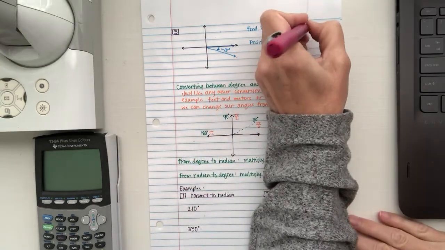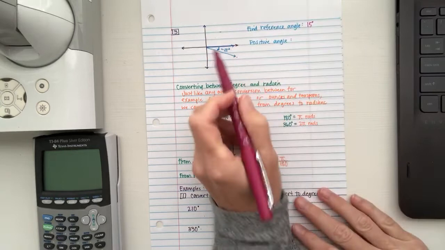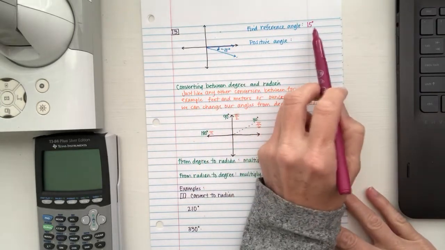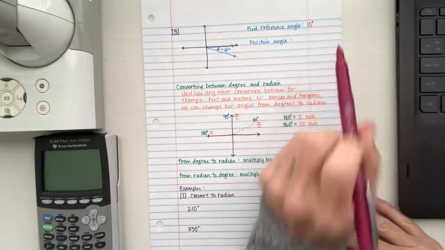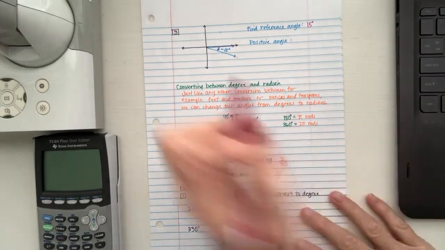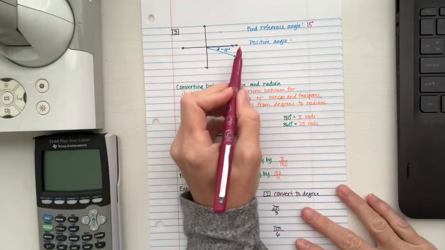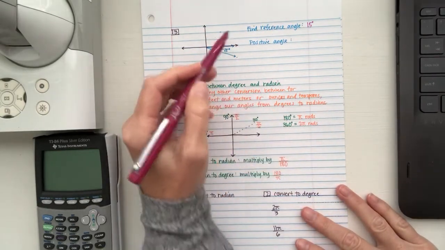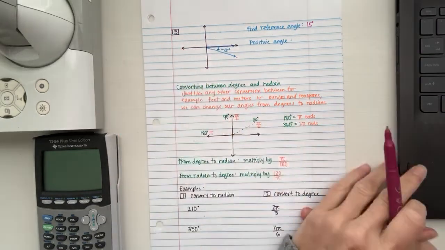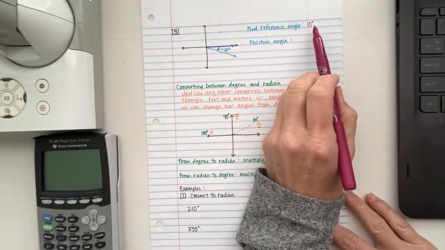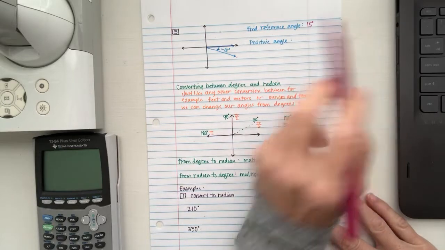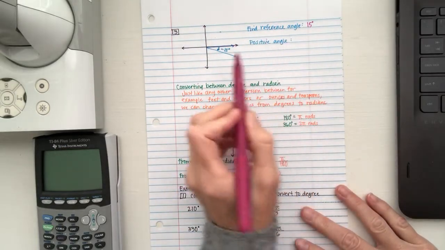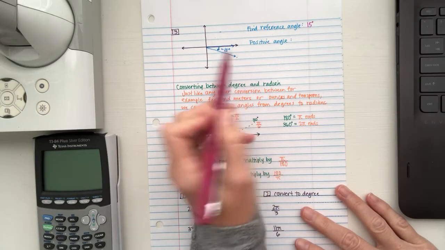So what do you notice about reference angles? No matter what we give you, our reference angle should always be positive, right? Because we just want to know the degree difference between the terminal side and the x-axis. We don't care if it's above, below, over here, it doesn't matter. So your reference angle will be positive, and it is 15 degrees. Now, what would the positive angle be to land in the same terminal position?